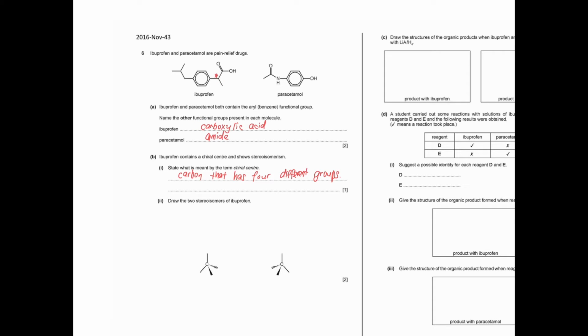So now we have to draw out the mirror images. Let's say on top, I put the structure with the benzene ring. Okay, so this is the first one.